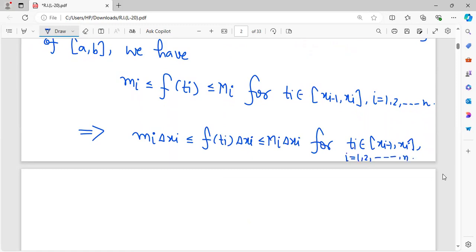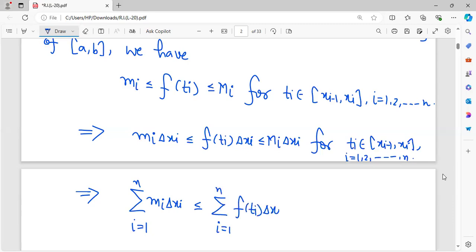Now I can take the sum, i goes from 1 to n: summation of mi delta xi is less than or equal to summation of f(ti) delta xi, which is less than or equal to summation of capital Mi delta xi.